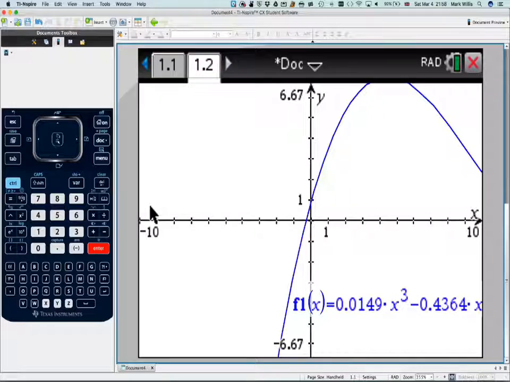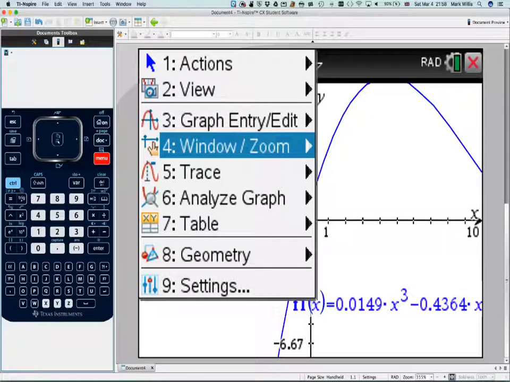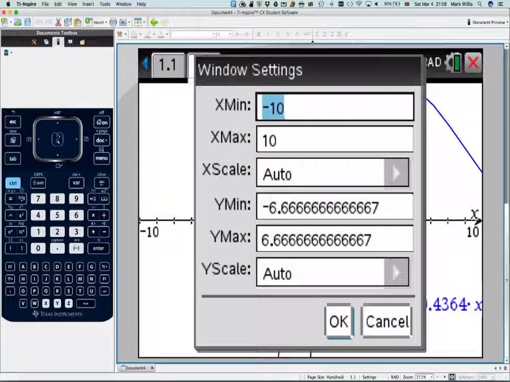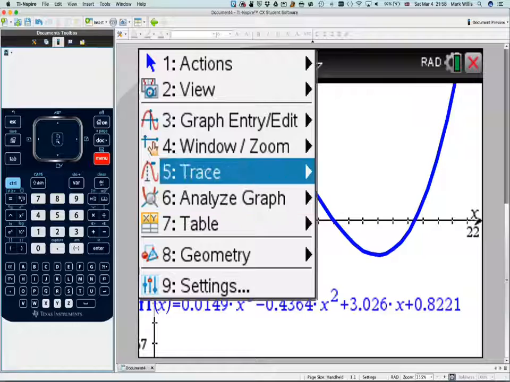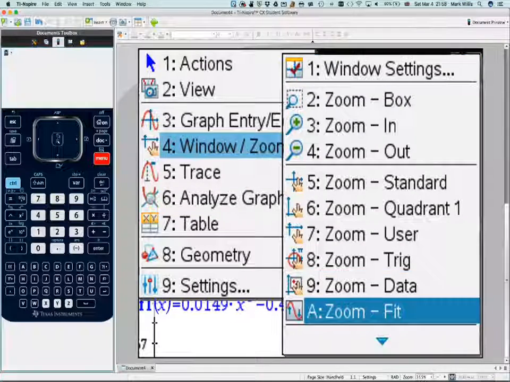Menu, Windows zoom, and Windows settings. I'm going to put here -1. Remember, we use -1 so we can actually see the y-axis, and here I'm going to change this to 22. Press OK. Still not quite a reasonable view window, so we're going to go to Menu, Windows zoom again, and now do a zoom fit for that.